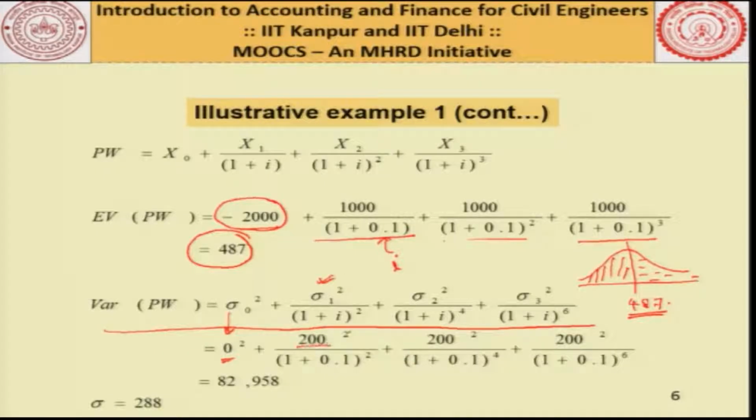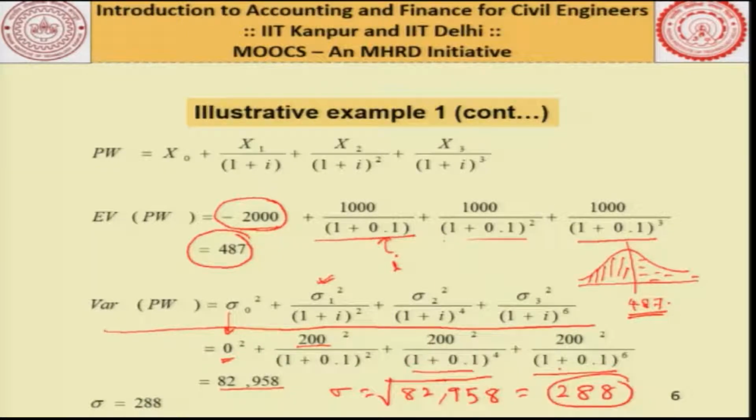So, this is 200 square upon 1 plus 0.1 raised to power 2, 200 square upon 1 plus 0.1 raised to power 4, and finally 200 square upon 1.1 raised to power 6, and this is coming to be 82,958. If you take the root of this, so sigma will become under root 82,958, and if you calculate, this is coming to be 288.